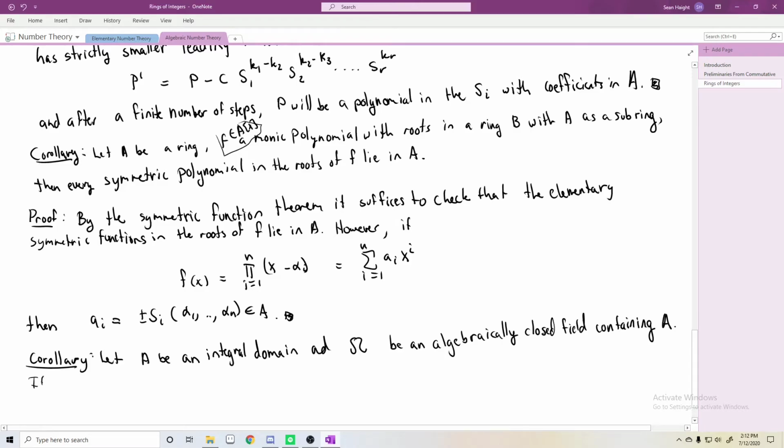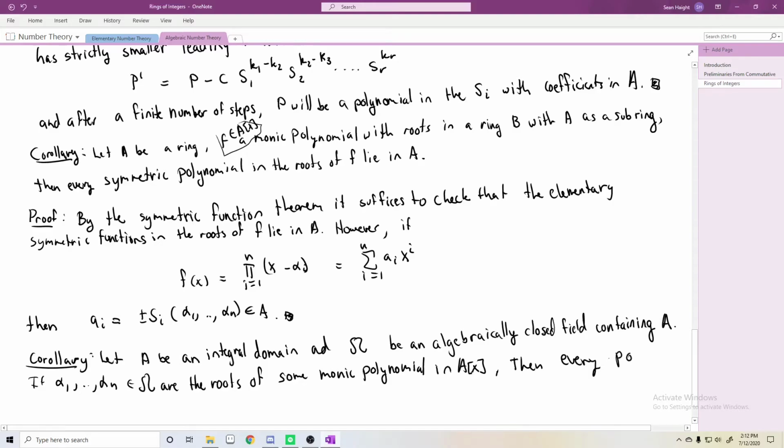So if alpha_1 through alpha_n are the roots of some monic polynomial in A[x], then every polynomial G(alpha_1, ..., alpha_n) is integral over A. Okay, so you can see why this might come in handy.